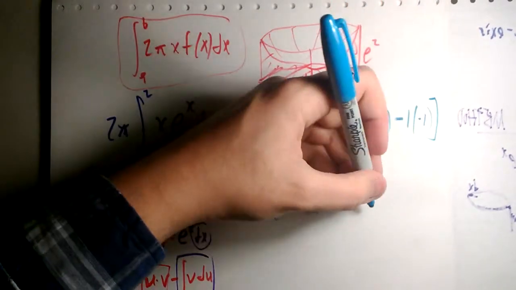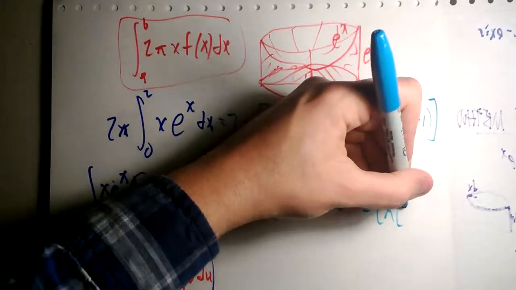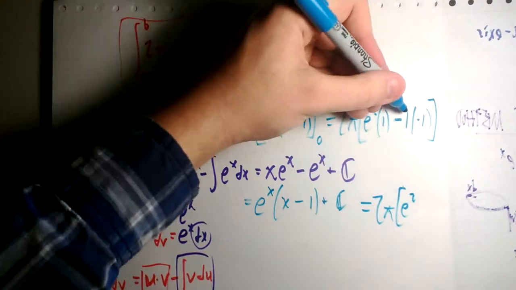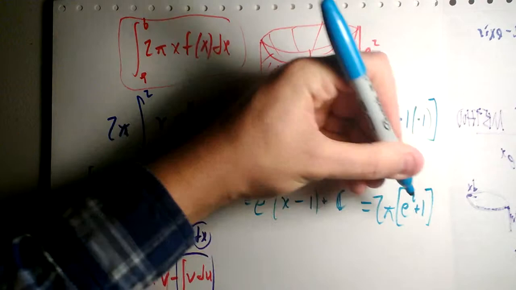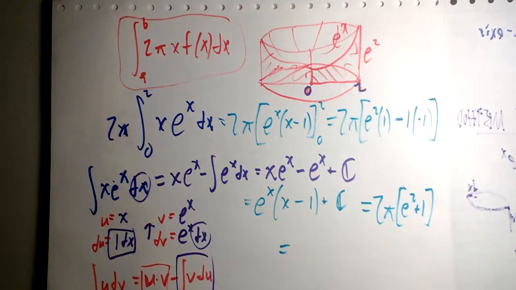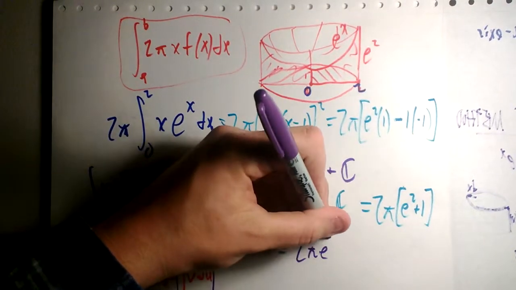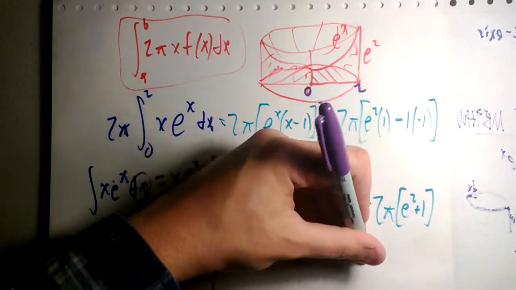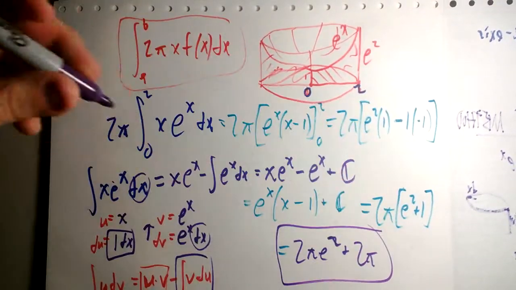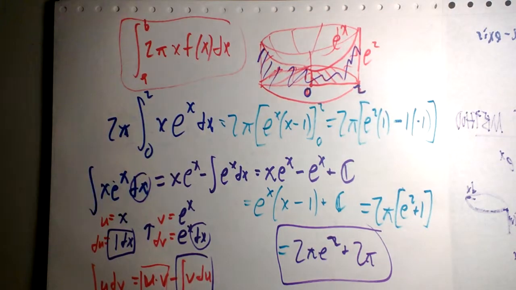So this becomes 2 pi, and the first part becomes e squared times 1, which is e squared. And the second becomes 1 times negative 1 with the subtraction, which is positive 1. So it's e squared plus 1 times 2 pi. Hmm, let's factor out that 2 pi. It becomes 2 pi times e squared, that's a lot of constants in one thing, plus 1. That is our exact volume of this interesting dome shape.